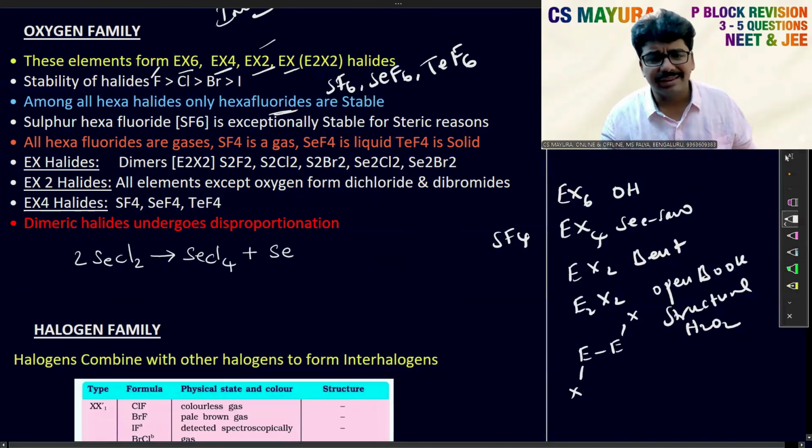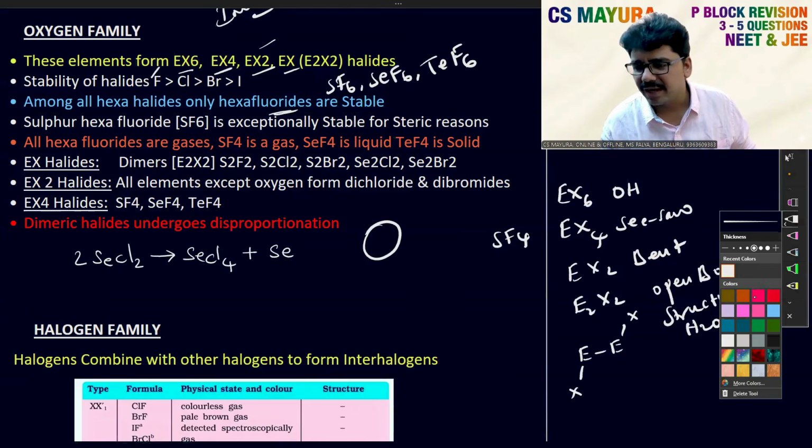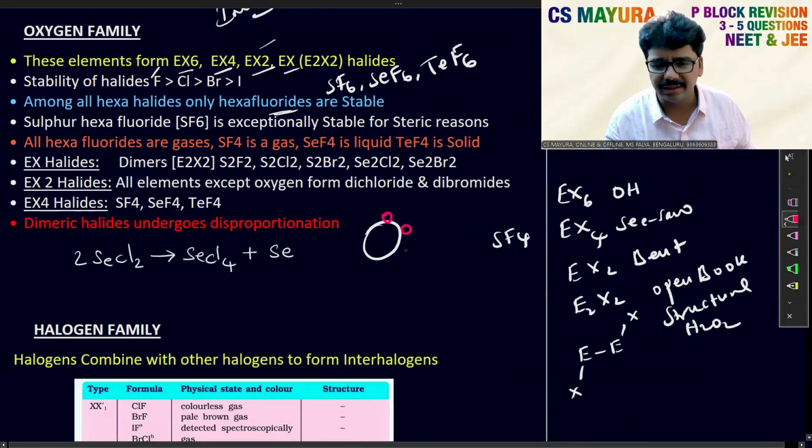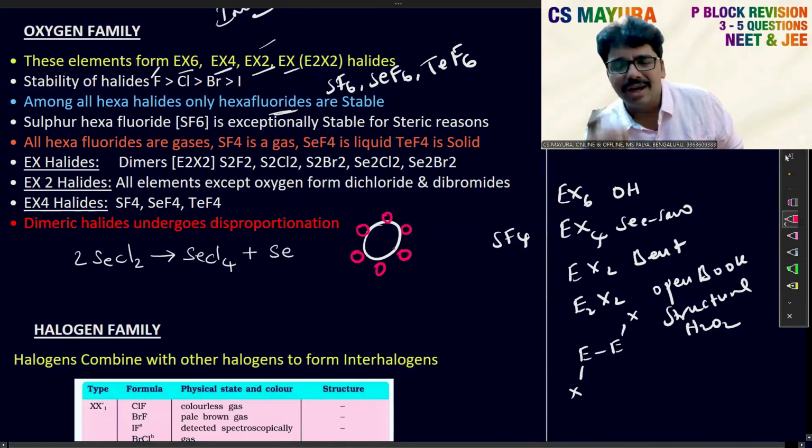Next, SF6 is exceptionally stable because of steric reasons. For example, this is sulfur. Around the sulfur atom, 6 fluorine atoms are there: first, second, third, fourth, fifth, sixth. Now if I take chlorine, the chlorine atom is large.